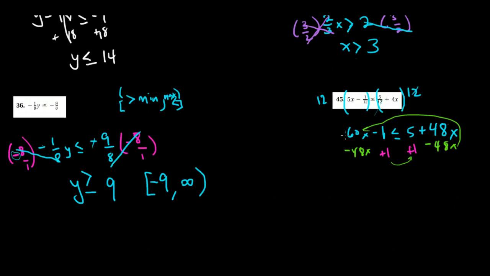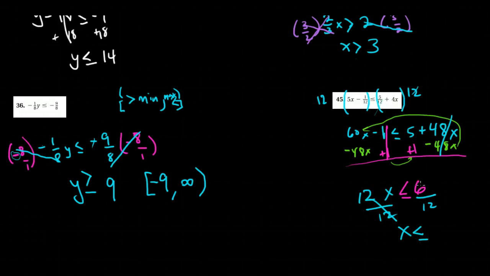So to do that, those cancel, and 5 plus 1 is 6, greater than or equal to 60 minus 48, which is 12x, and those cancel. Now we can divide both sides by 12, and we get x is less than or equal to 6 over 12, which is 1/2.